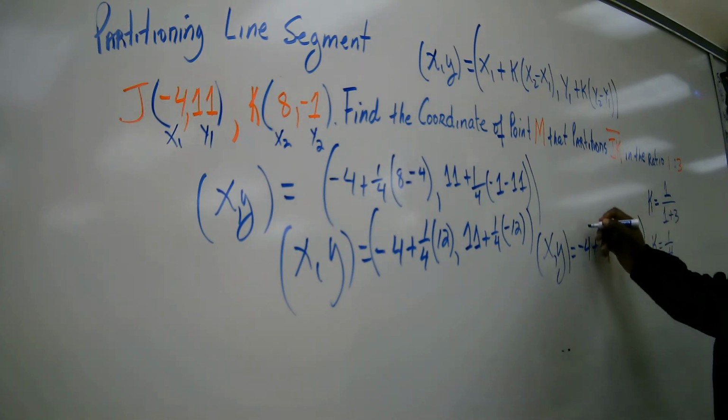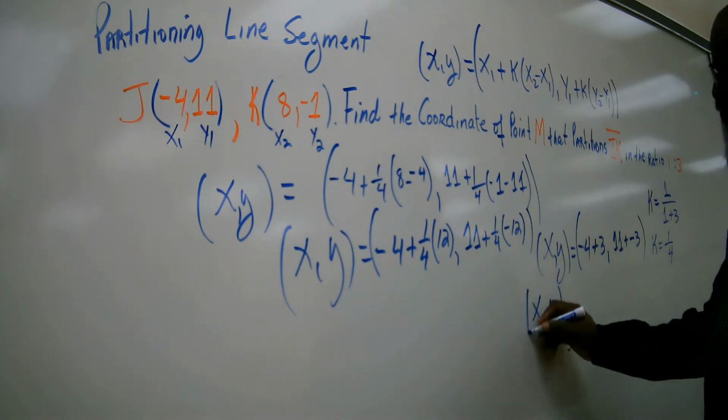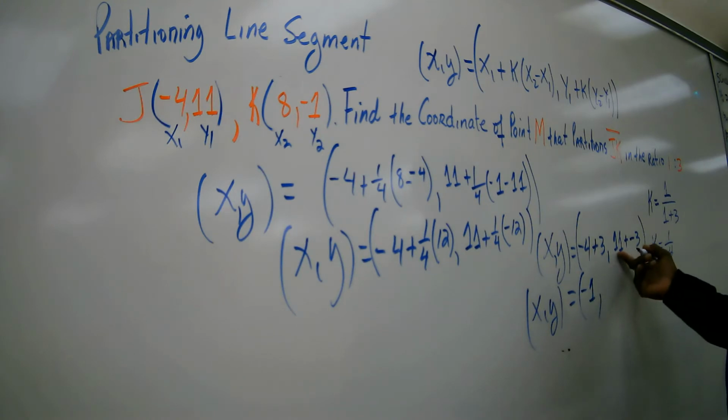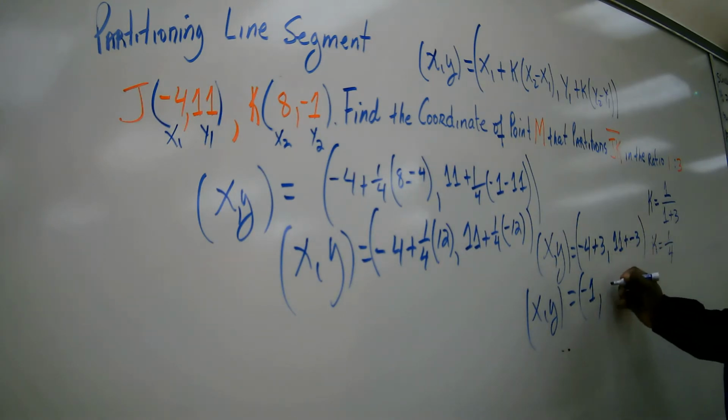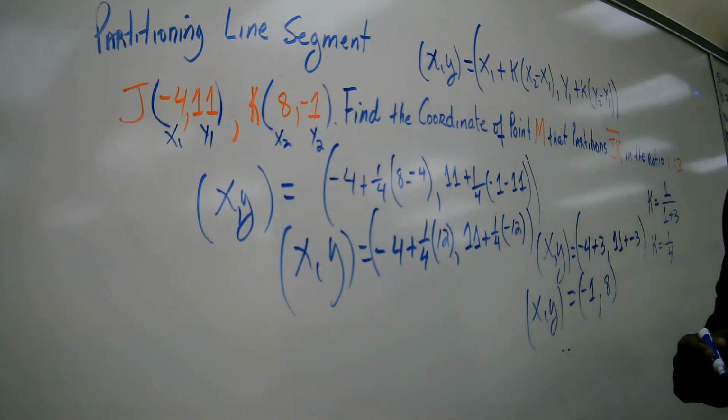So now we can simplify that. In this case, xy is -4 plus 3 is -1, and 11 plus -3 is 8. This is where your point will be located.